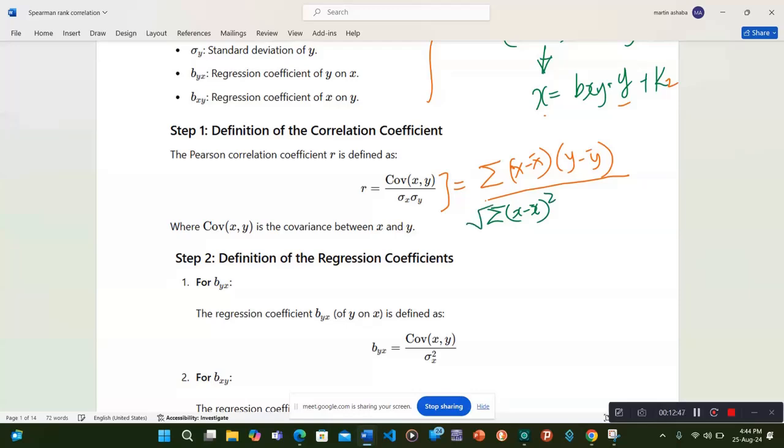Remember, what is inside here is the variance. So if we take the square root of the variance, we get the standard deviation.